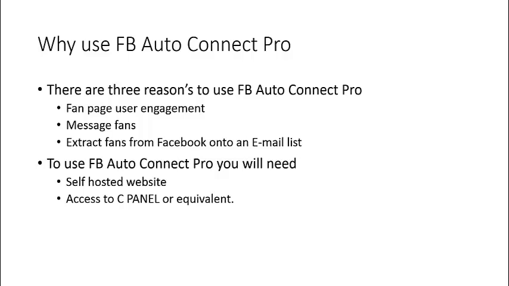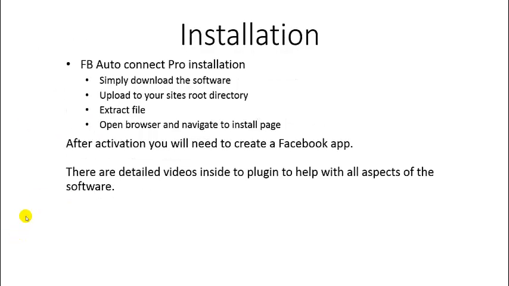Okay, now to use the Facebook Auto Connect Pro, you're going to need your own self-hosted website and access to cPanel or equivalent. Okay, because with installation, what you've got to do is download the software, upload it to your site's root directory and extract the file.